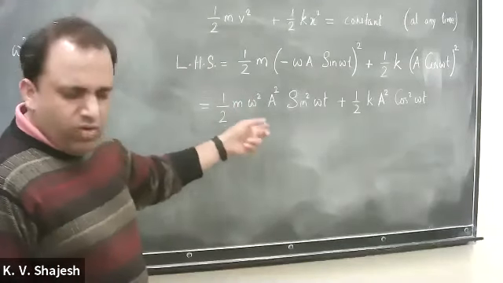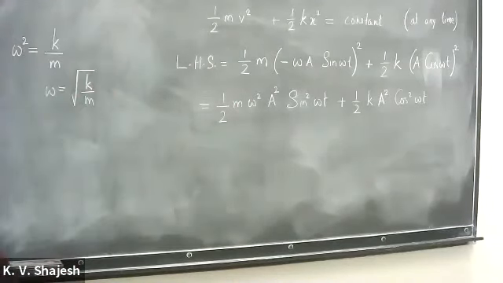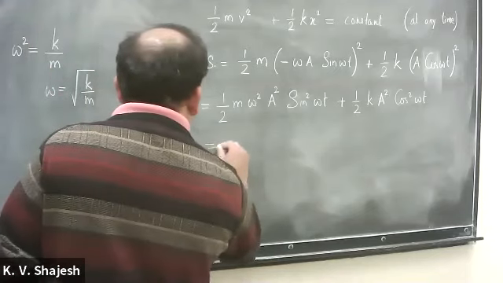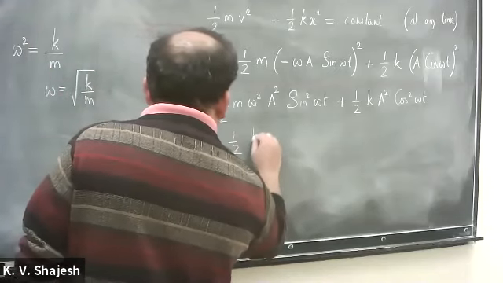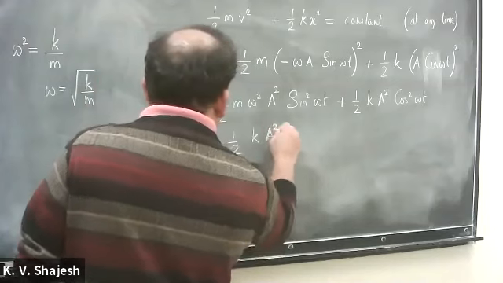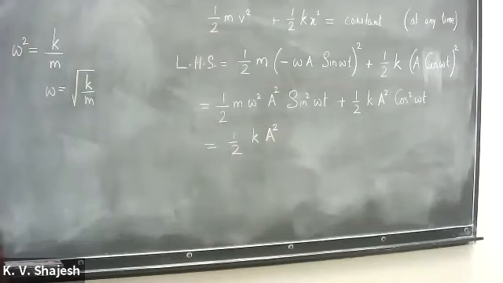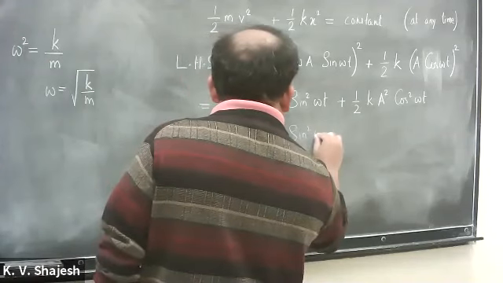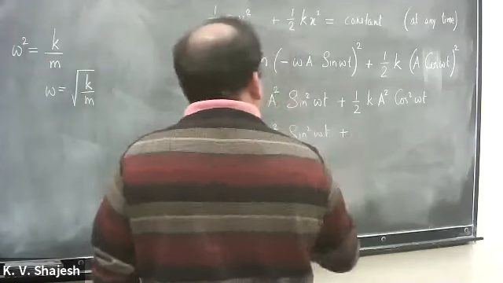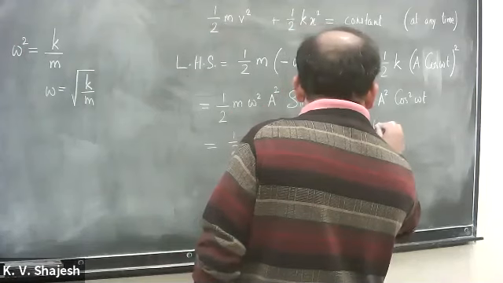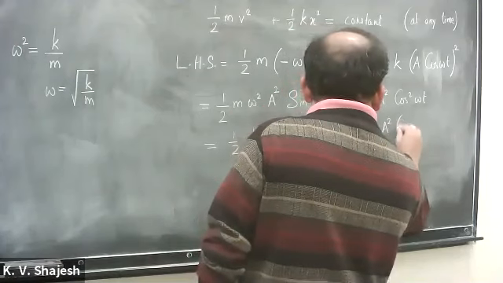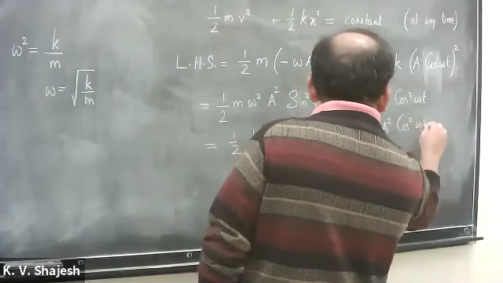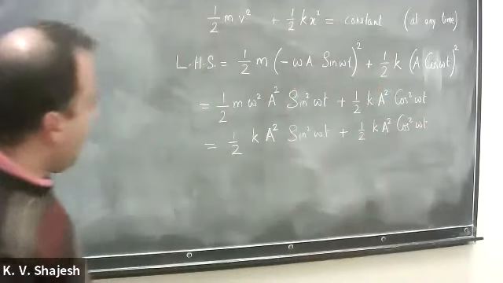That would cancel out the mass, and what we will have is half k A squared sine squared omega t plus half k A squared cosine squared omega t. So how does this come out to be a constant? It doesn't seem to be, because there is time seen explicitly there.